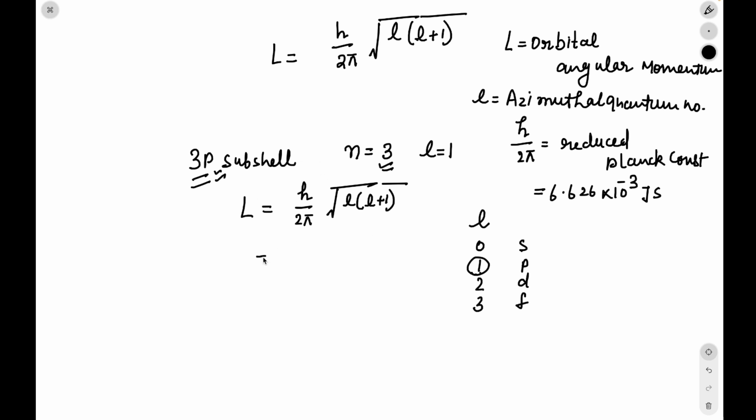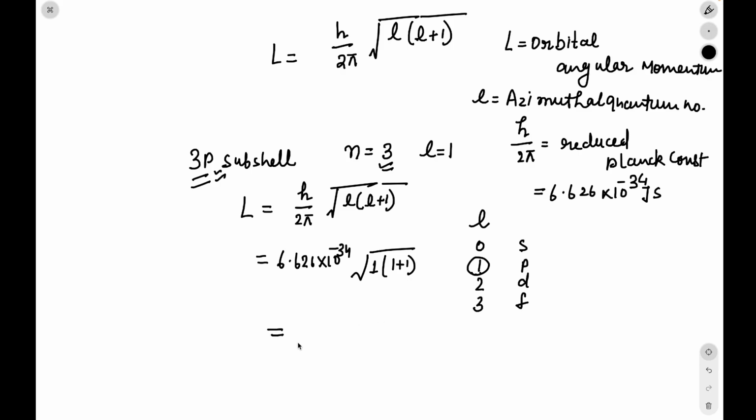Now put in the values. h upon 2 pi is the reduced Planck constant, so the value of the Planck constant will be 6.626 into 10 to the power minus 34 under root 1 into 1 plus 1.